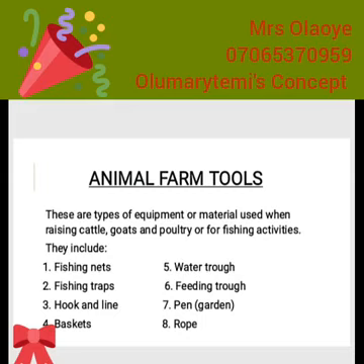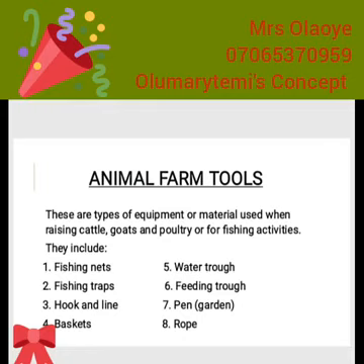Examples we have: number 1, fishing net; 2, fishing trap; 3, hook and line; 4, basket; 5, water trough; 6, feeding trough; 7, pen or a garden; 8, rope, and so on. These are the tools we use for animal farming.